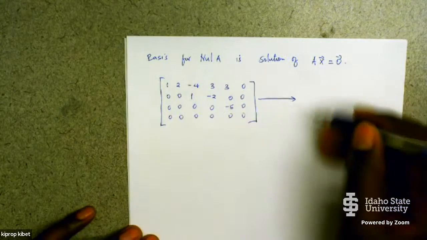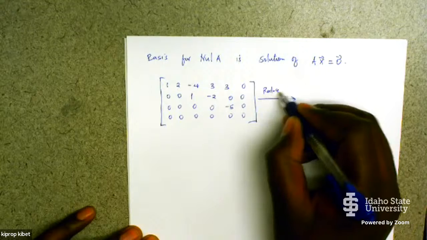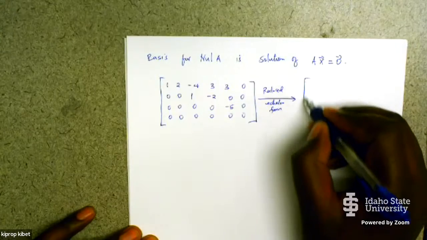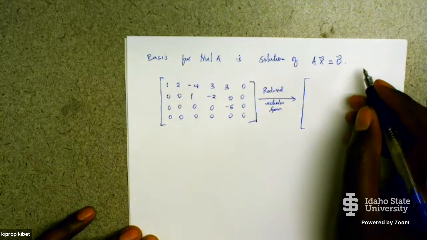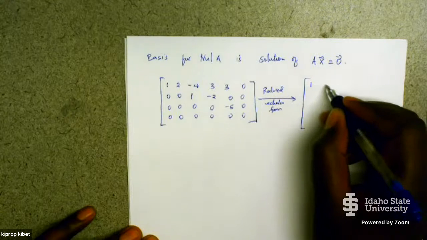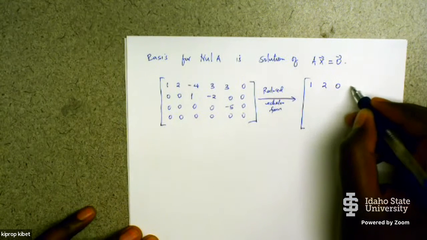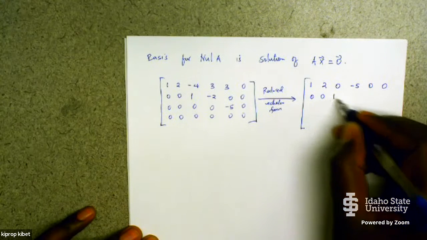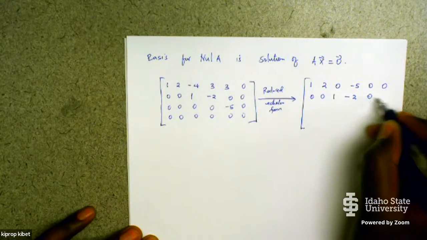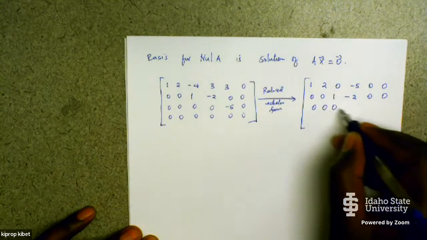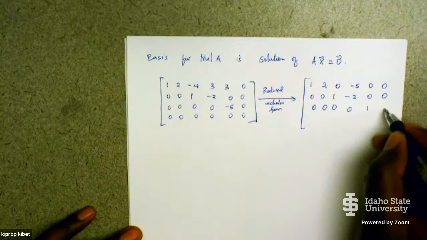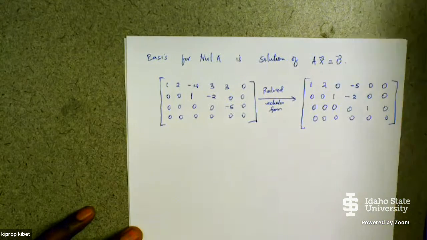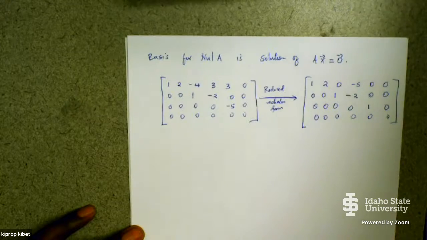So finally, what you get in reduced echelon form is 1, 2, 0, minus 5, 0, and 0; 0, 0, 1, minus 2, 0, and 0; 0, 0, 0, 0, 1, 0, and then 0, 0, 0, 0, 0, and 0. So that is the reduced echelon form.